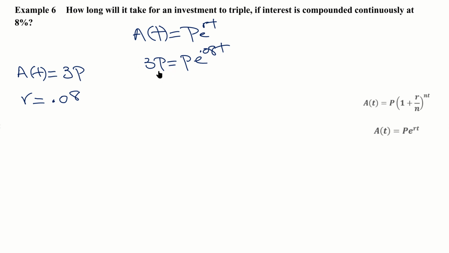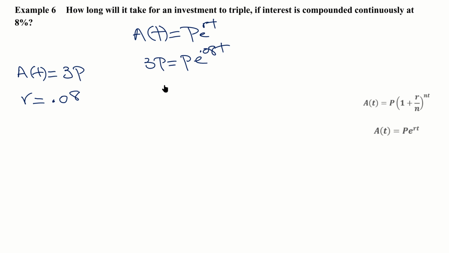So notice the interesting thing. The initial amount of investment makes absolutely no difference. It doesn't matter if you're investing $1 at 8% continuously, or $1 billion, right? The amount of time it's going to take the money to triple will be the same.